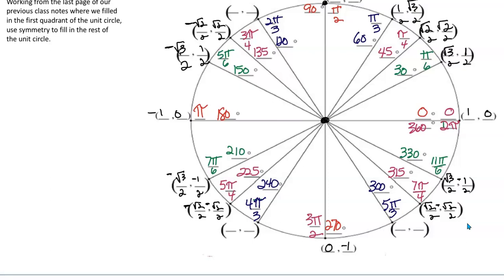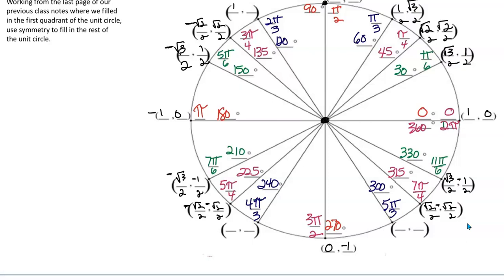Okay, we have one more round to go, and that's all of the pi over 3s. So 2 pi over 3, and I'm focusing you on the radians. That's the key to success on this. So focusing on the radians, the pi over 3 is going to have the same absolute value, the coordinates will, as 2 pi over 3.